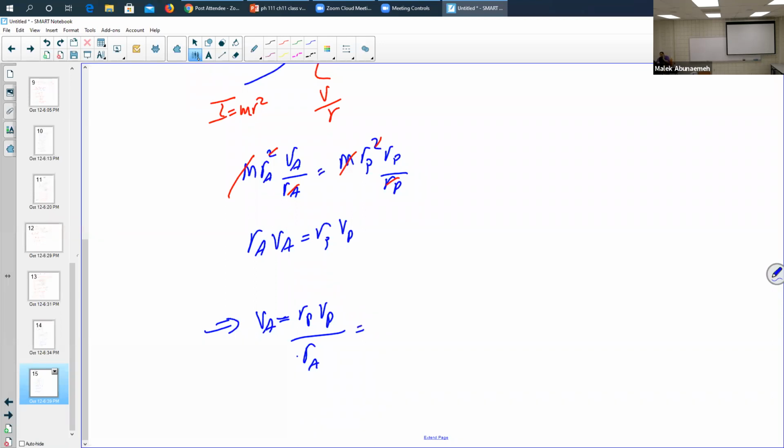Now let's plug in the numbers. RP is 8.37 times 10 to the 6th power, multiplied by 8450, divided by 25.1 times 10 to the 6th power. Let me plug this in the calculator. I got almost 2820 meters per second.